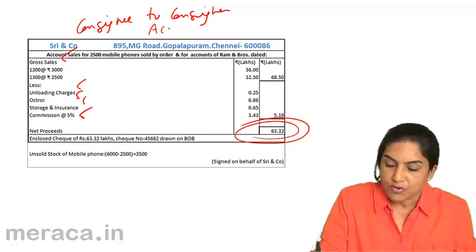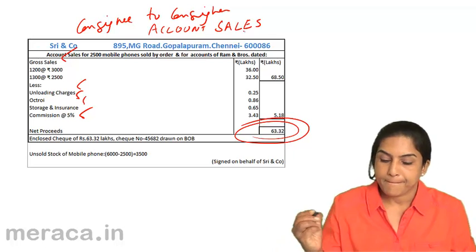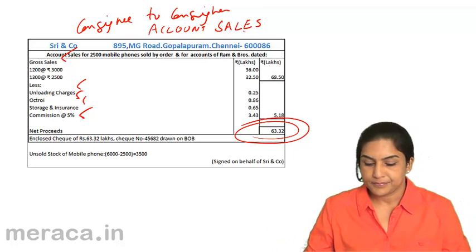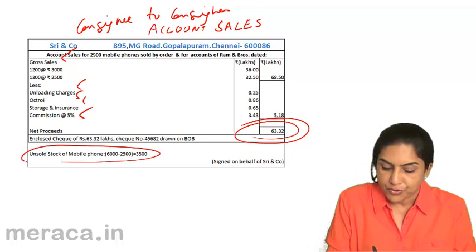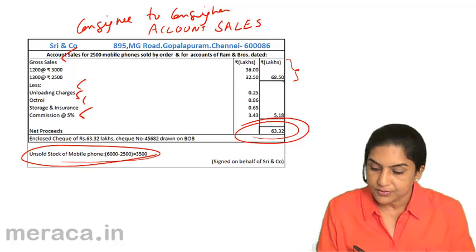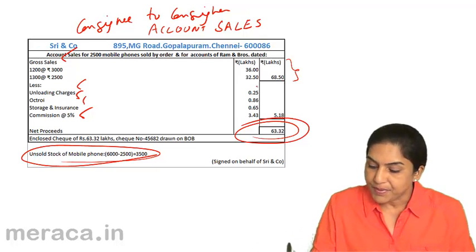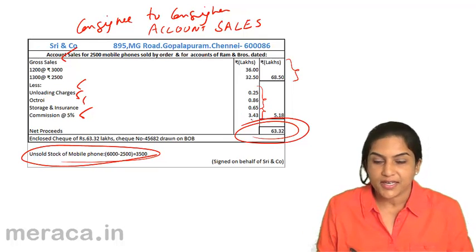This is an account sales. There is also mention, if you notice, of the unsold stock. So this is the total sales value. These are the expenses which have to be reimbursed. This is the commission which the consignor has to pay.